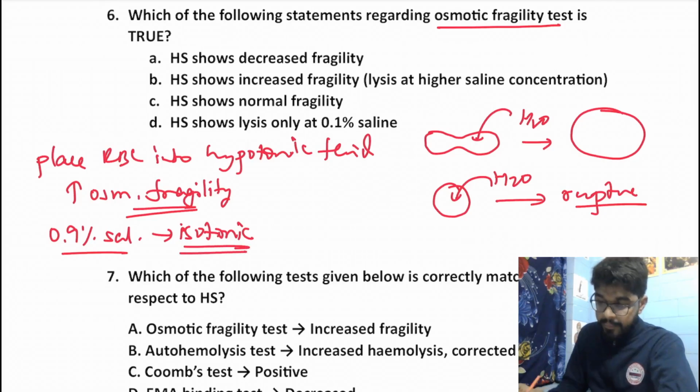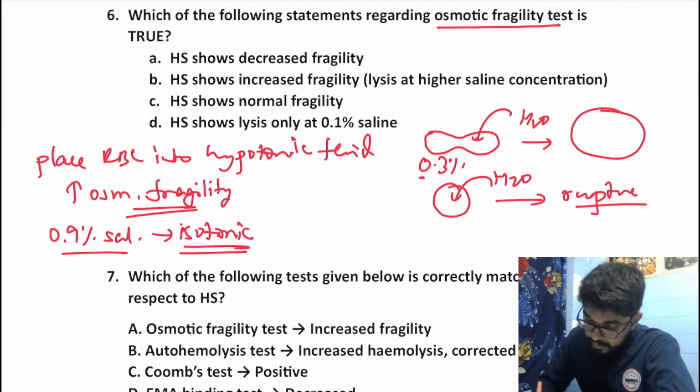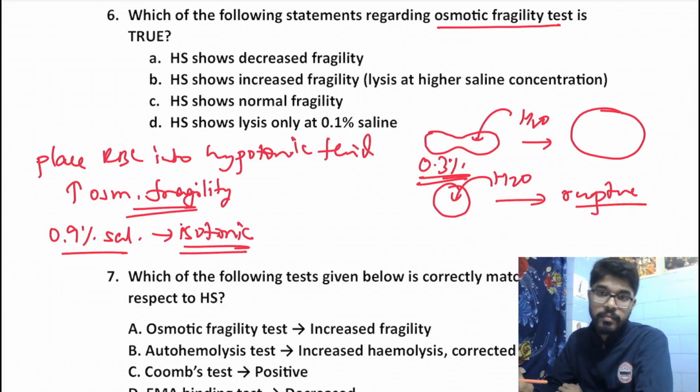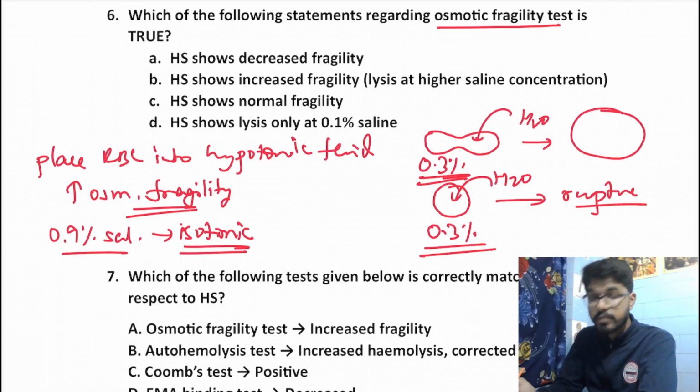Now, a normal RBC can tolerate up to a concentration of 0.3%. In 0.3% saline, our RBCs will swell up to become a big sphere, but it will not rupture. But in hereditary spherocytosis, when the deformed RBCs are placed in 0.3% hypotonic solution, water is going to enter and can cause rupture of the cells.